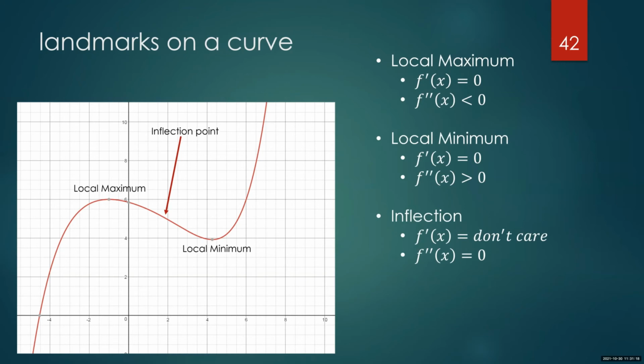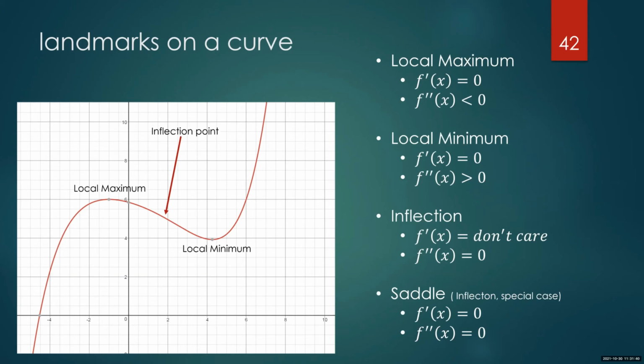Finally, not labeled on this curve, but we'll see it shortly, some curves have what's called a saddle point. A saddle point is a special case of the point of inflection. At the point of inflection, f dash of x we don't care, but f double dash of x has to be 0.